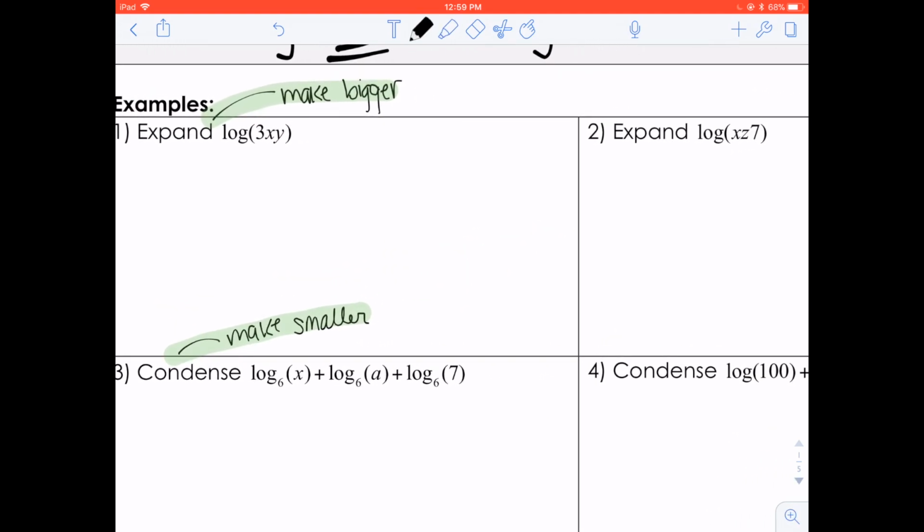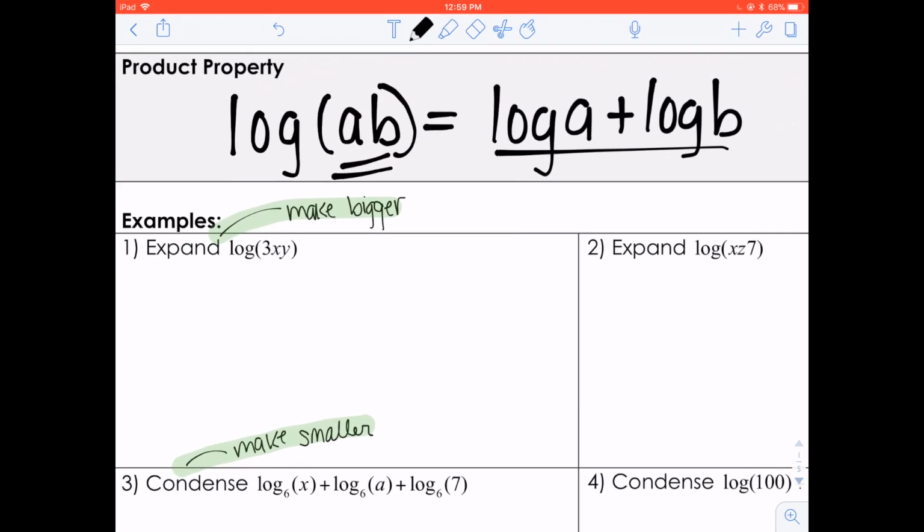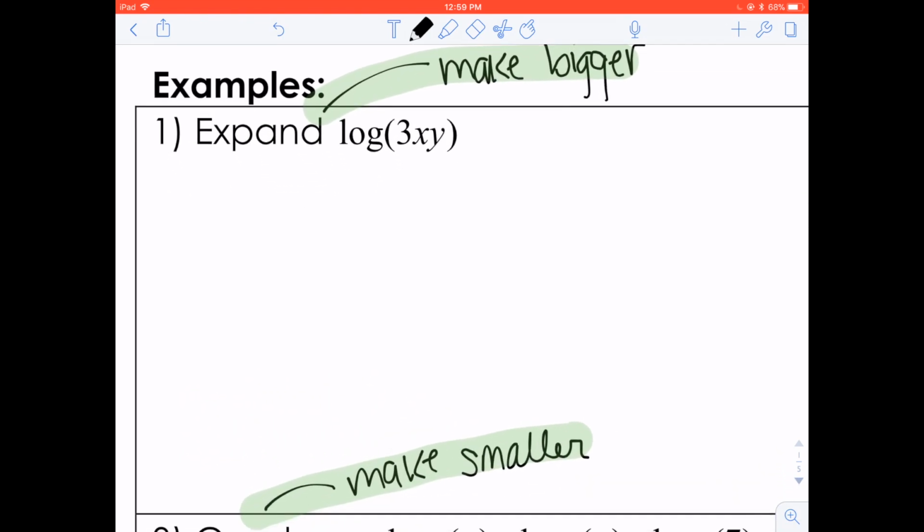All right, so in this first example, it's asking us to expand the logarithm log of 3 times x times y. Now we know from the product rule that if we have things multiplied together, that changes to addition. So what's being multiplied together here? 3, x, and y.